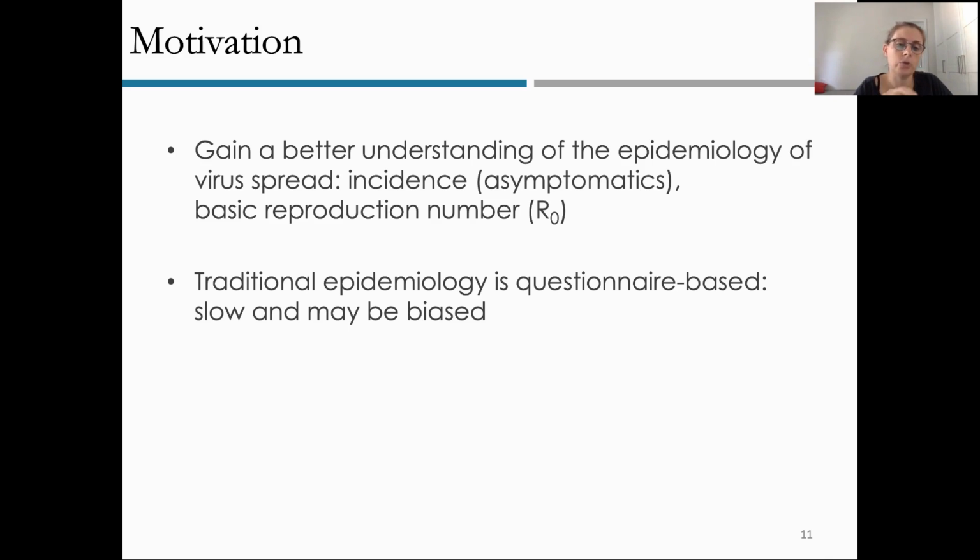Then contact networks may be generated from these questionnaires. This process is very, very slow, and additionally it might be biased because unfortunately people don't necessarily like telling the truth about who they met and why they met. There's a lot of research into the problems in this questionnaire-based mode of study.